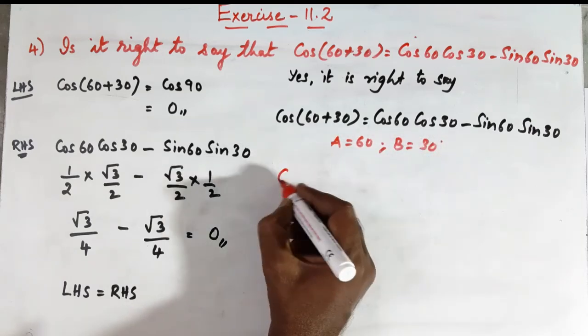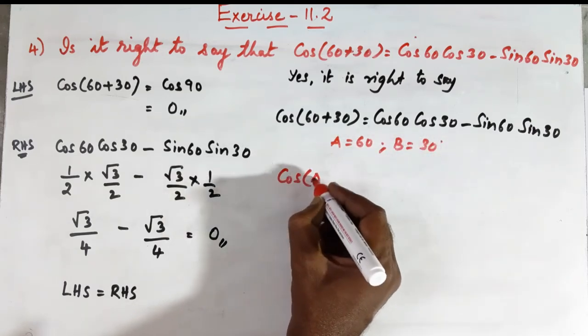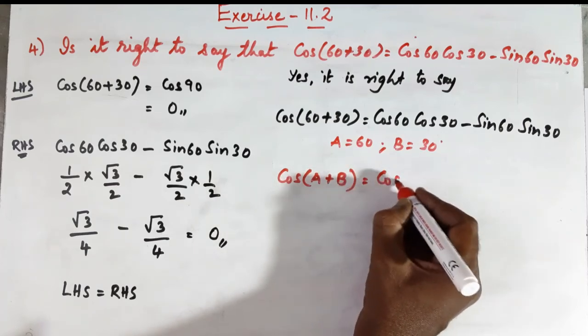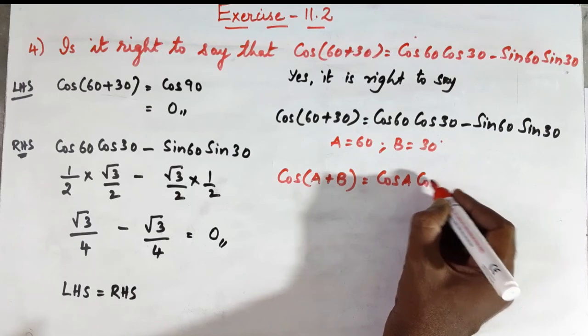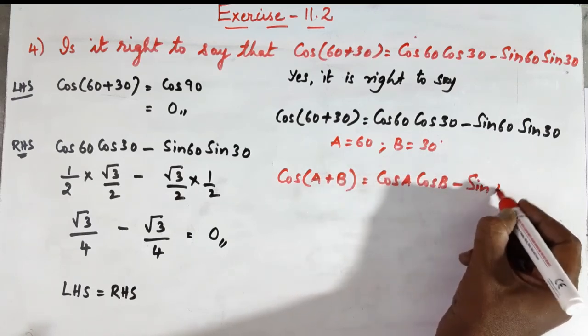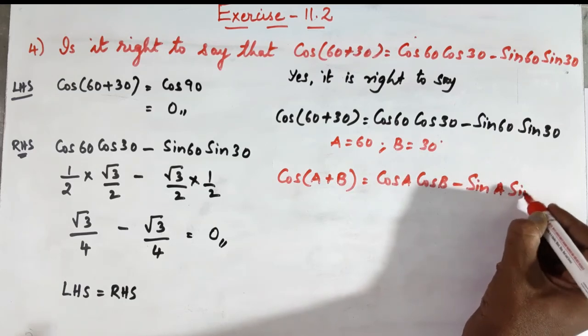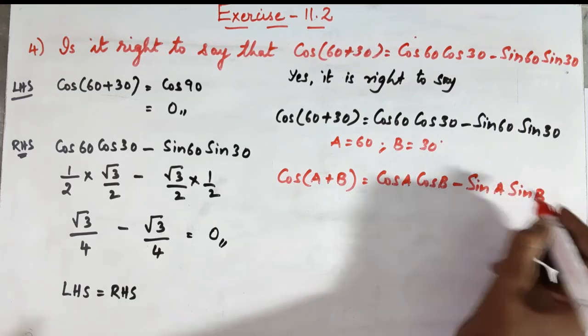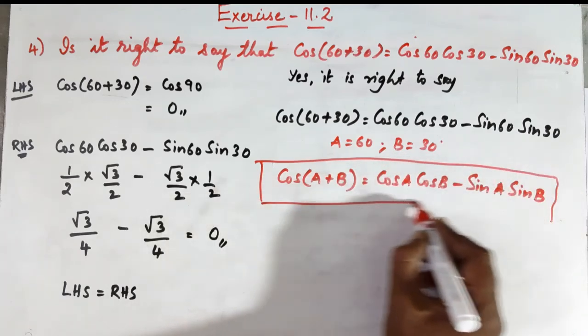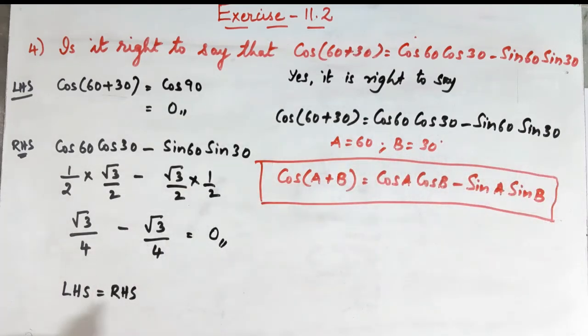Substitute A for 60 and B for 30. Cos A plus B is equal to cos A cos B minus sin A sin B. So like this we can get another formula from this question. Okay, hope children have understood.